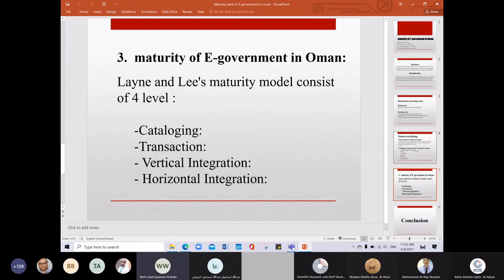This is the conclusion, which points to a more advanced level of the maturity of e-government.